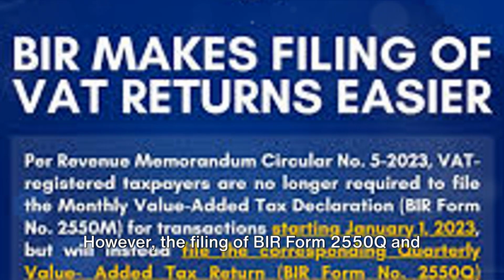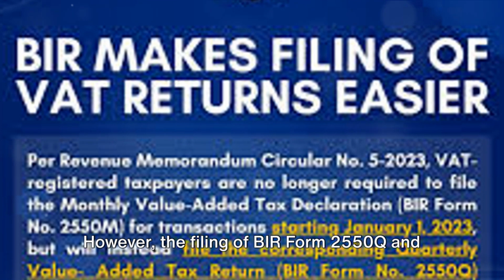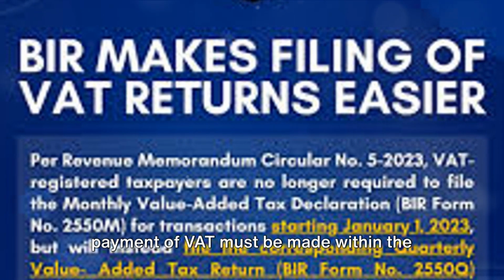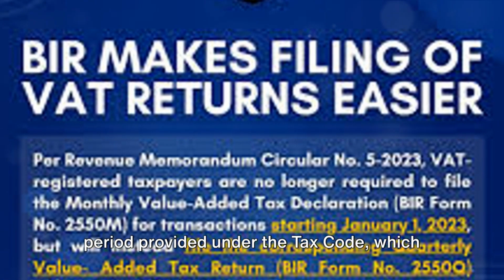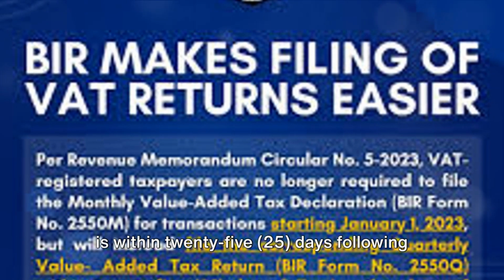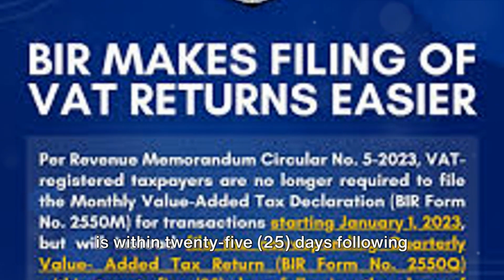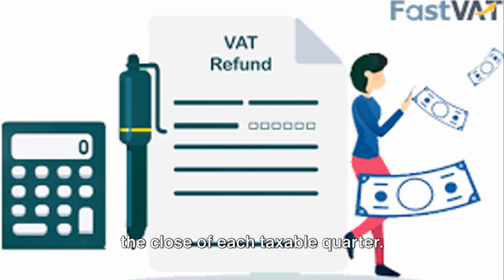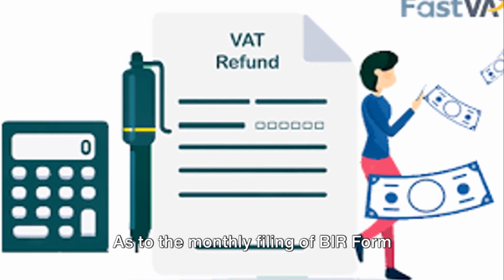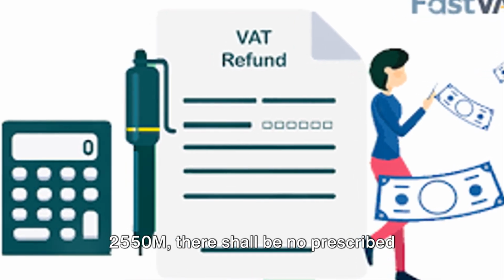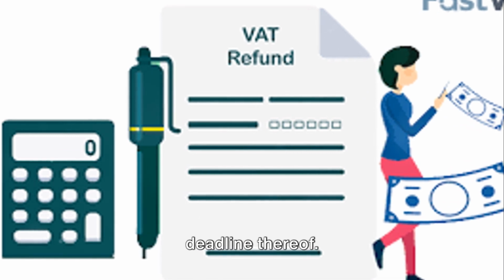However, the filing of BIR Form 2550Q and payment of VAT must be made within the period provided under the tax code, which is within 25 days following the close of each taxable quarter. As to the monthly filing of BIR Form 2550M, there shall be no prescribed deadline thereof.